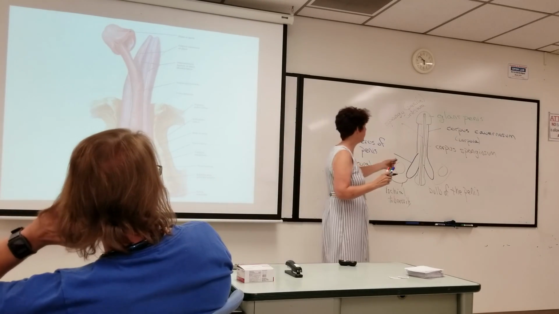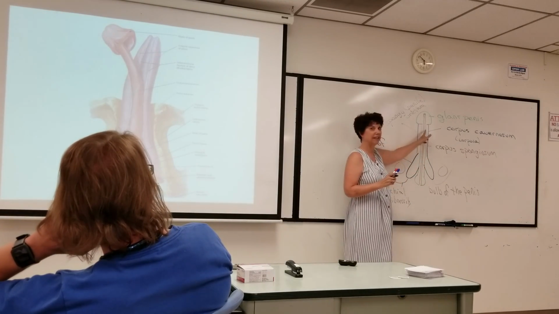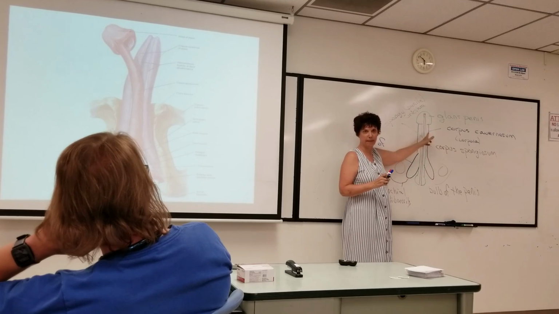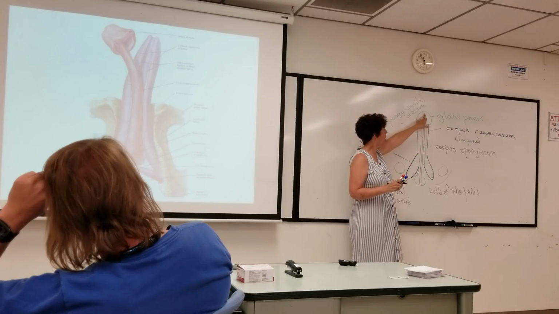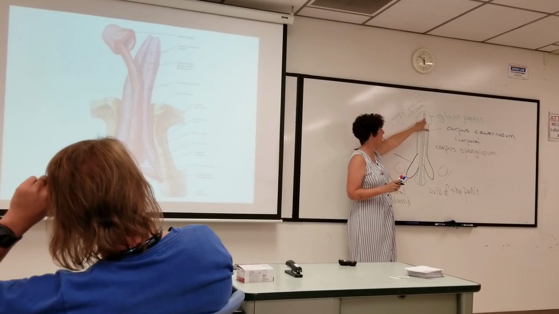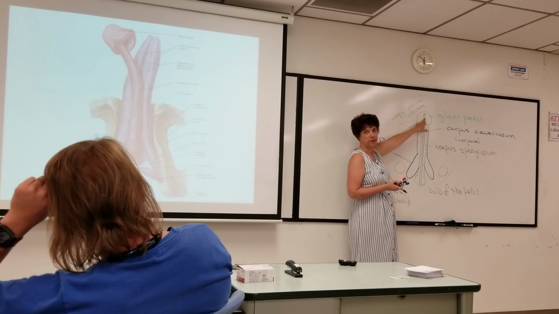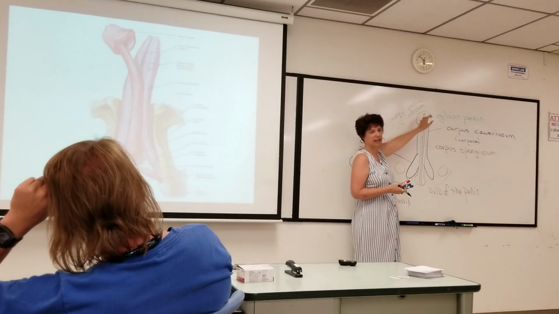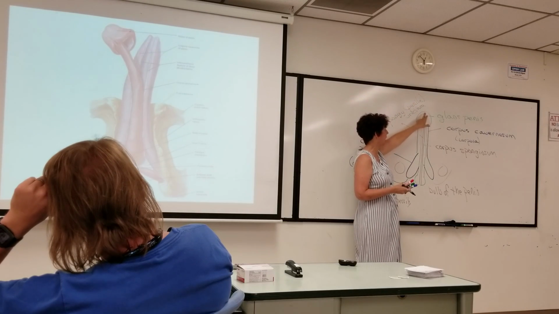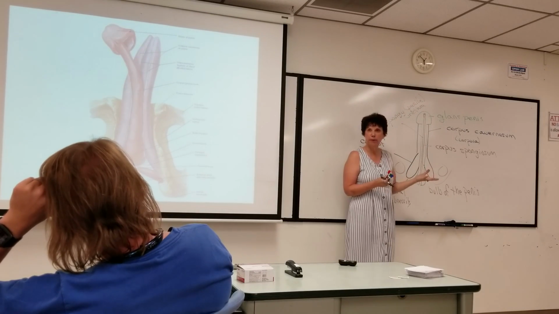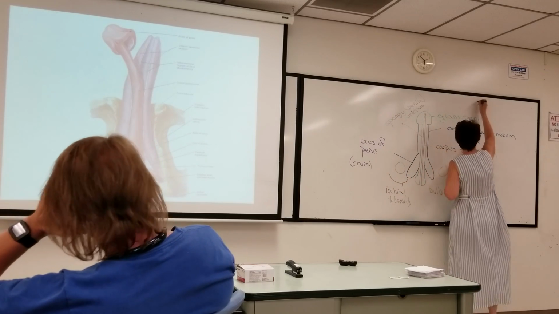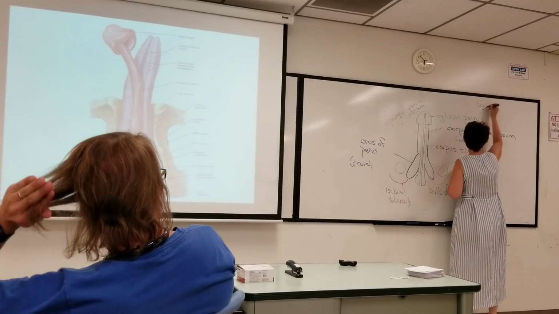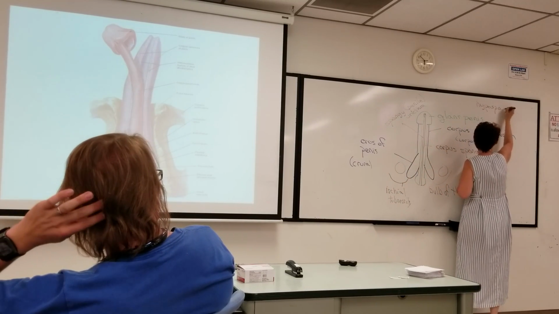If they don't fuse, there can be an opening along that ventral aspect, completely or partly, or the opening of the urethra at the glans may be a little more ventral than closer to the tip. It's called hypospadias if that opening is too ventral.